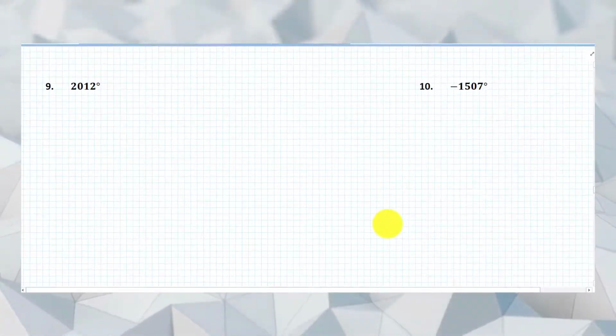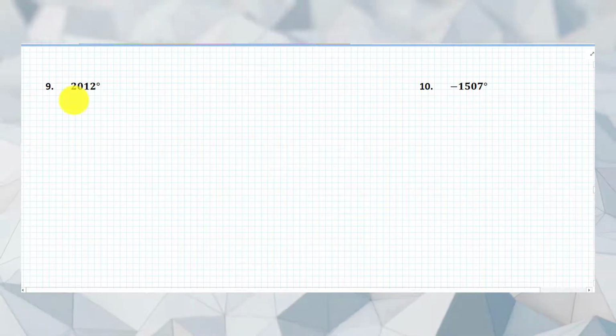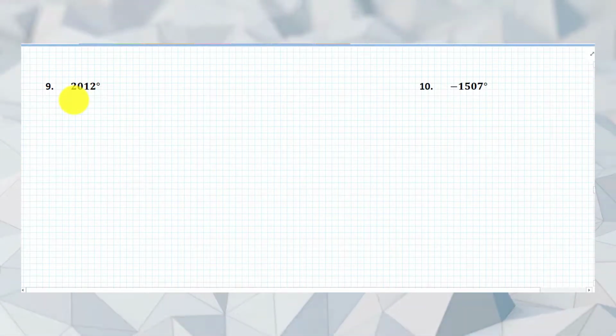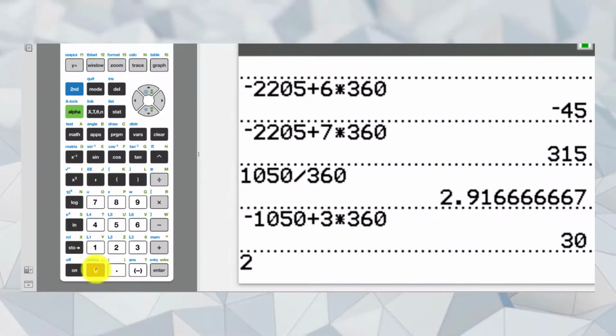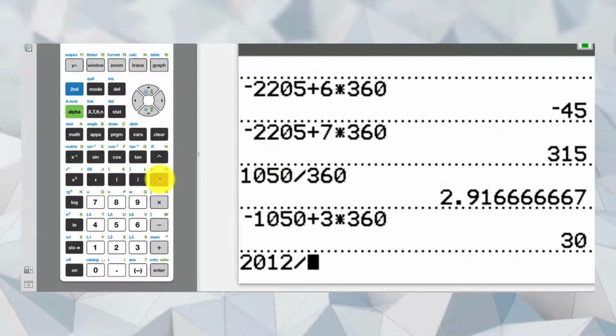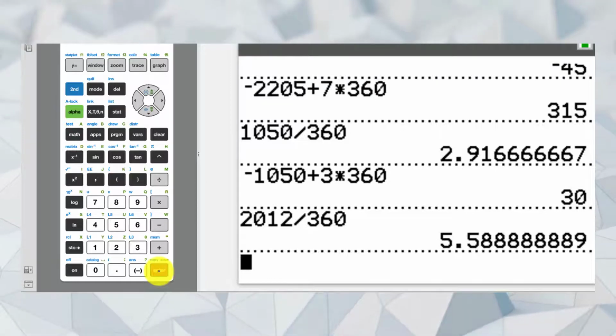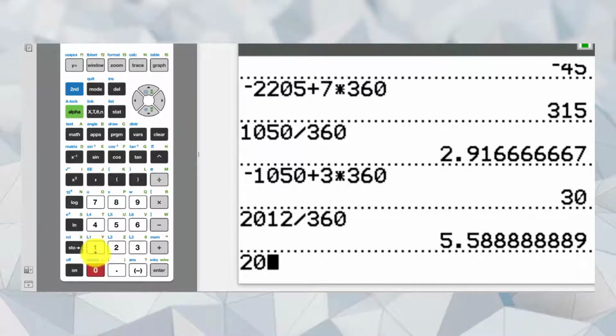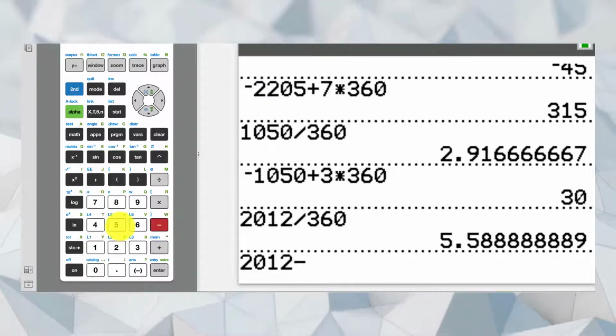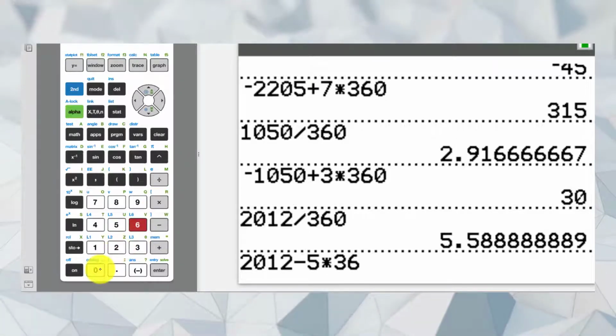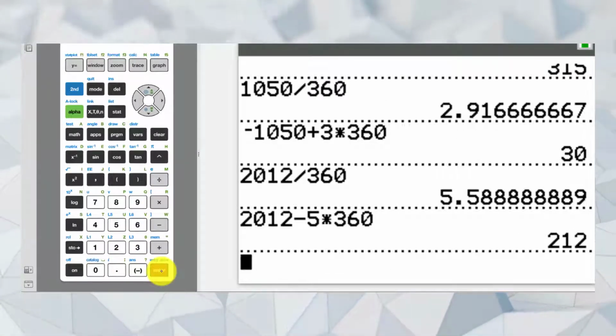Here we go. Let's go over a second example. All right, number 9. So this is a large positive angle. So let's subtract some 360. So 2012 divided by 360 is 5.5. Okay, this is a positive angle. So I'll take 2012 and I will subtract 5 times 360, 5 revolutions, and this is 212.